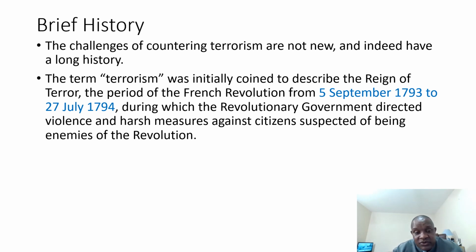So this was the government itself engaging in terrorism, in 1793 to 1794, against its citizens suspected of being enemies of the revolution.